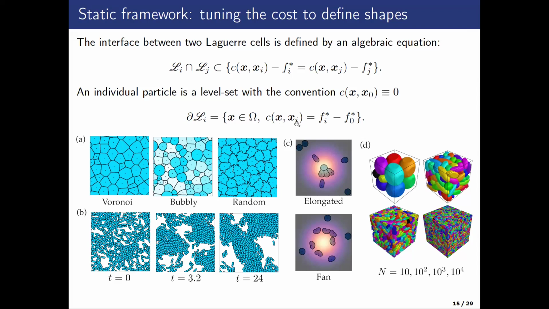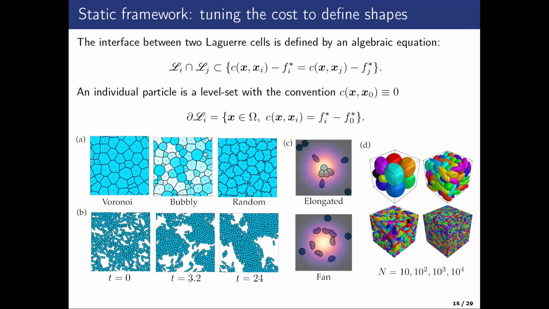But then if I want my particle to have any shape I want, I mean not any shape, but a star shape at least, if I want the particle to have the shape of a star, then it's very easy to construct a function such that all the level sets are scaled versions of that shape. And what the optimal transport part will do is find the exact level set that has the right volume. So by changing the cost function, I can also change the shape of the cell.